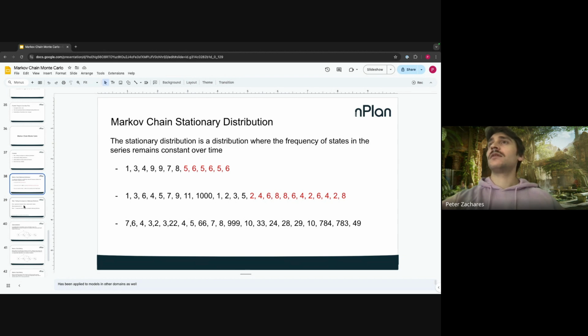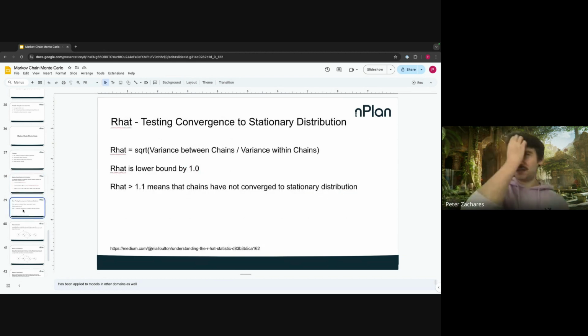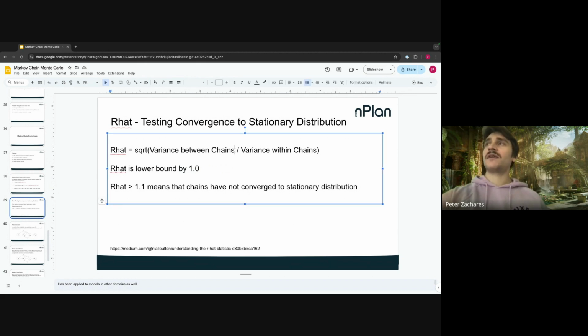One of the primary methods, and I'm just going over it really quickly, for testing convergence to a stationary distribution is to sample multiple Markov chains that are constructed to have the same stationary distribution. Then you calculate the square root of the variance between chains divided by the variance within chains, which is the mean of the variance within chains.